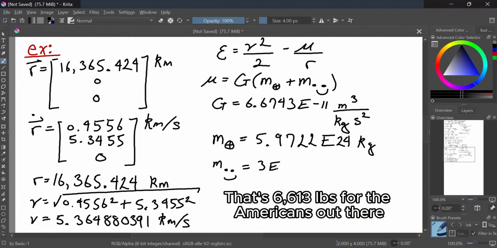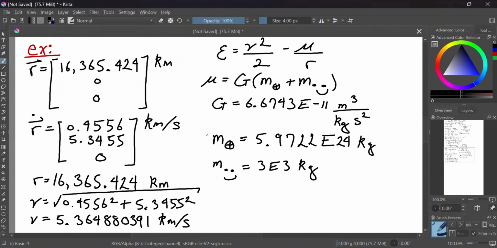Our satellite's mass, even though we picked a number that is thousands of kilograms, it is huge. It is non-existent to the Earth, effectively. It is not even a percent of a percent of a percent. And that means that we can ignore the mass of our satellite for this.